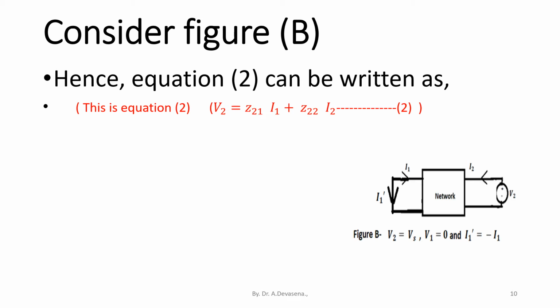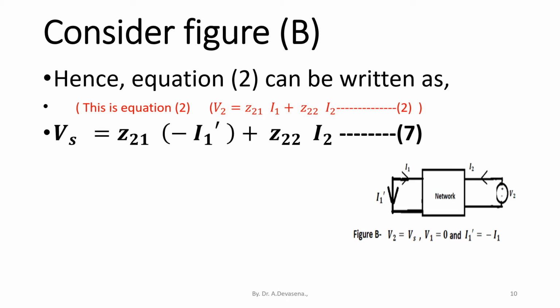In this equation, we are going to substitute the value of V2 is equal to Vs, V1 is equal to 0 and I1' is equal to minus I1. So we get Vs is equal to Z21 (minus I1') plus I2 into Z22.